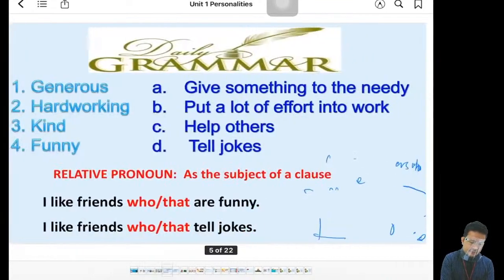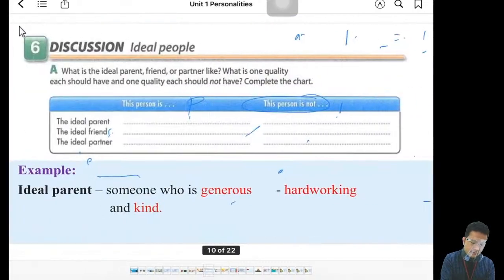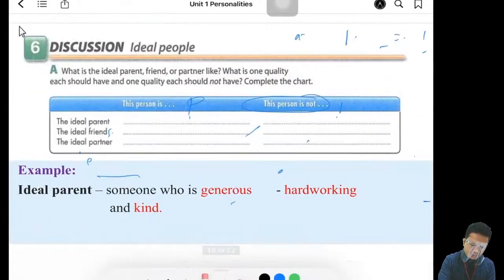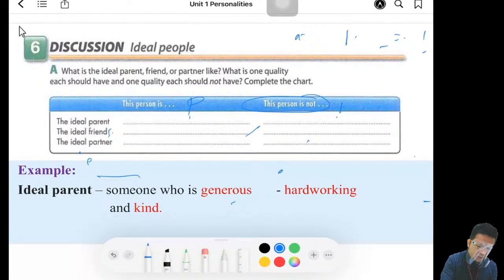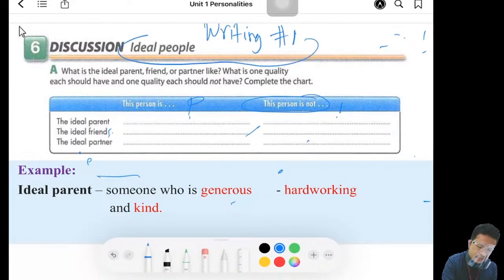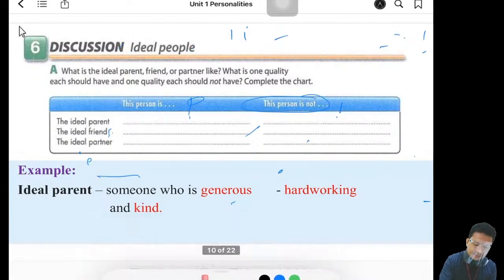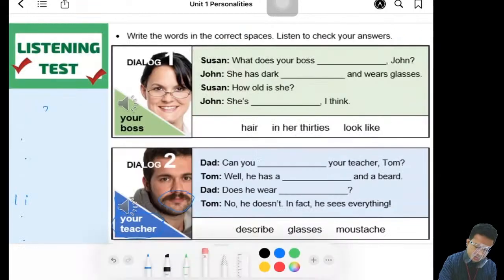This part, this one, is your writing, number 1, which is ideal people. And on the other side, you also have the listening test, this part. This will be your listening number.